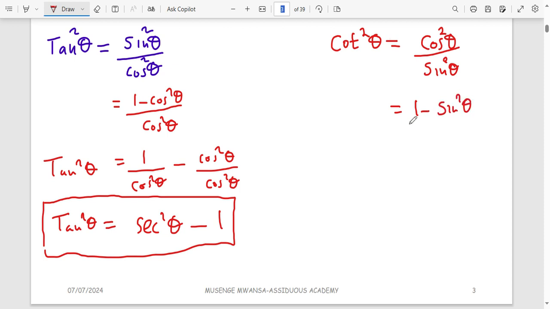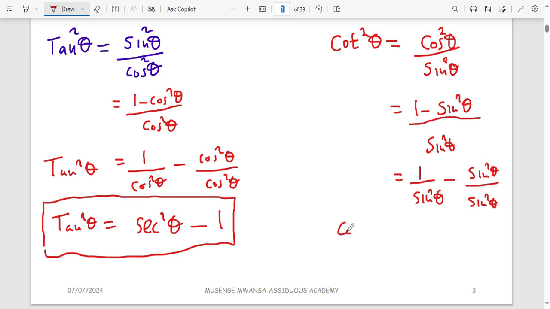Remember from the first identity, we just made cos squared the subject of the formula. And then down we have sin squared theta. And then I'll split the denominator to both numerators. And that gives us 1 over sin squared theta minus sin squared theta over sin squared theta.